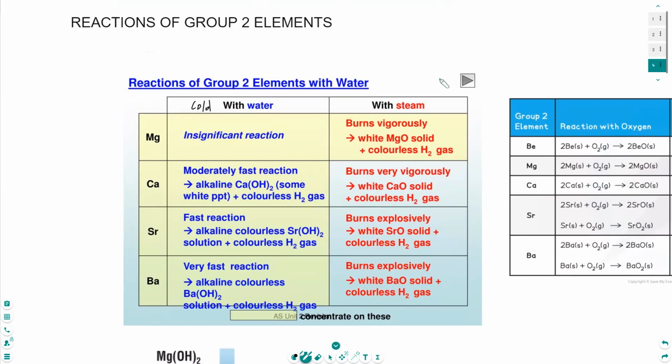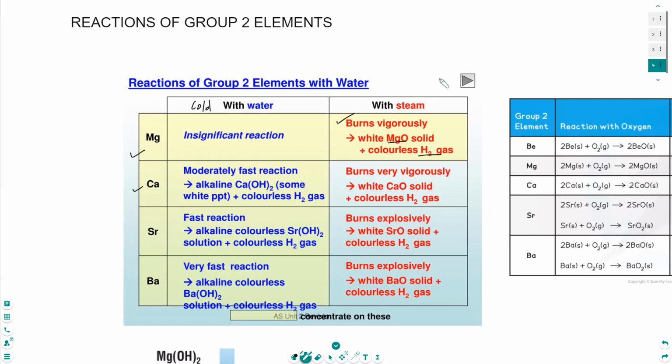But if you convert that water into steam, you will find that magnesium burns vigorously with steam, and we get magnesium oxide being produced and hydrogen gas. Of course, we can always confirm the presence of hydrogen gas by checking with a lighted splint and listening for the pop sound.